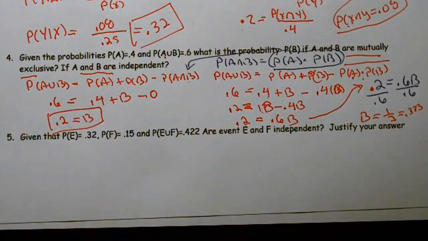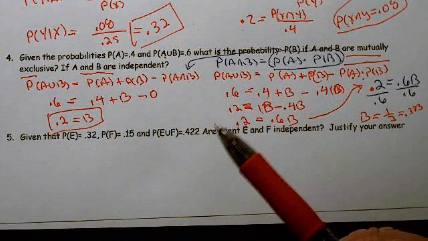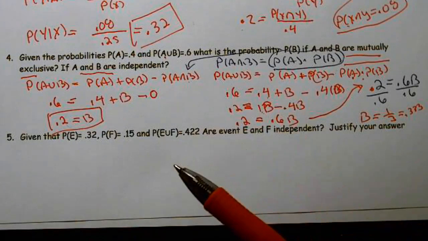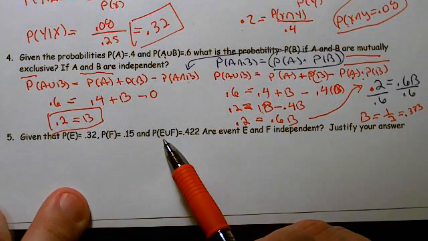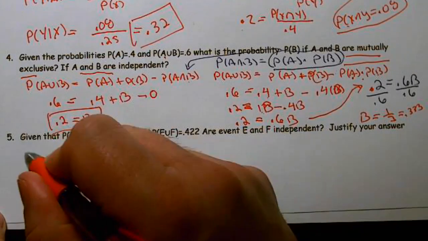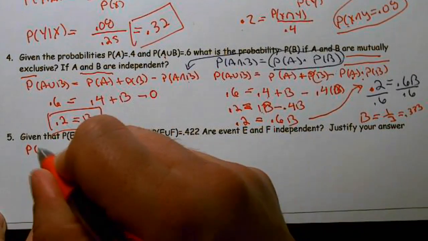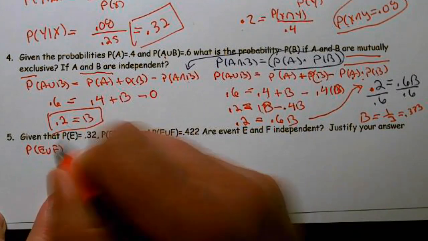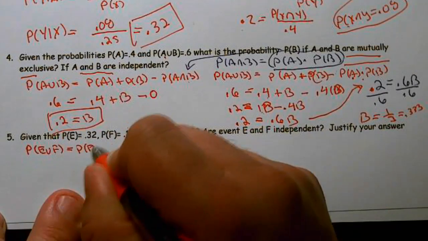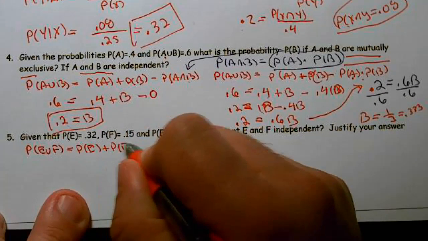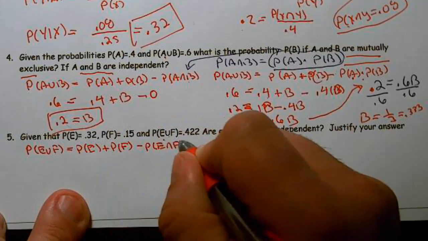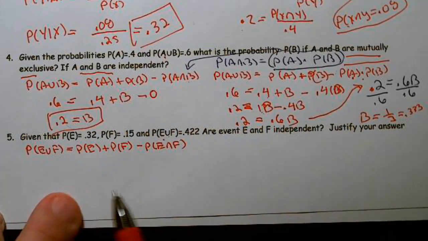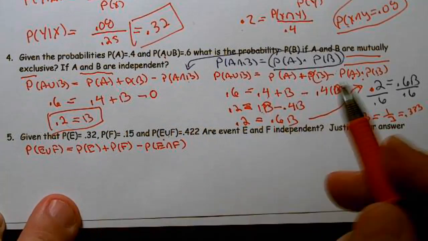All right, given that the probability of E equals 0.32, F is 0.15, and E union F is 0.422, are they independent? Well, once again, they've given me this formula, so I'm going to write my formula. So the probability of E union F equals the probability of E plus the probability of F minus the probability of E and F. So let's plug in and see what we have, and we'll check things out.